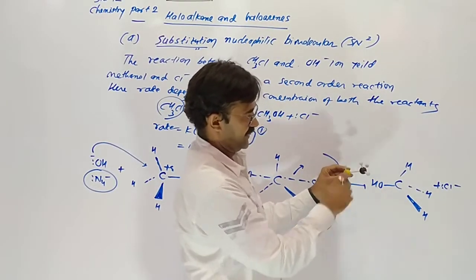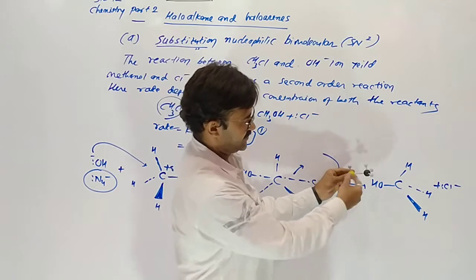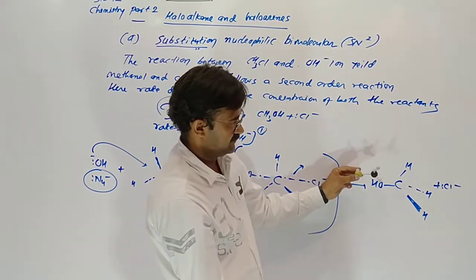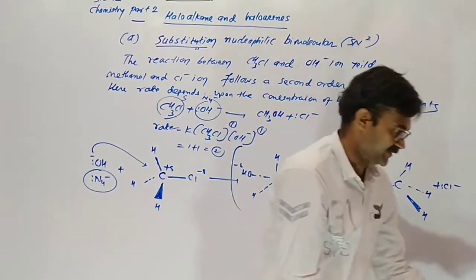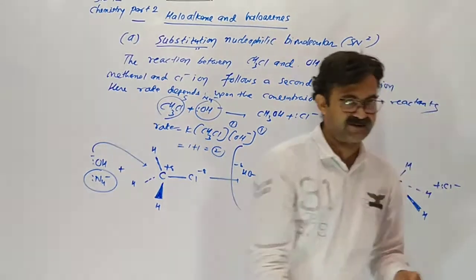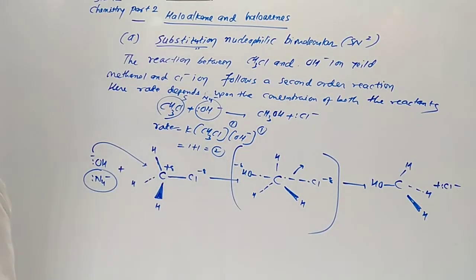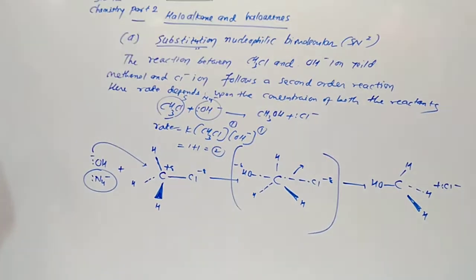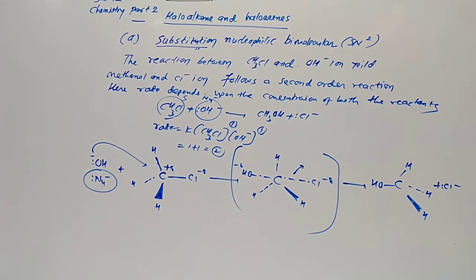The configuration, the arrangement, is totally changed. This reaction occurs in only one step, but it depends on the concentration of both methyl chloride and OH. So that is the SN2.